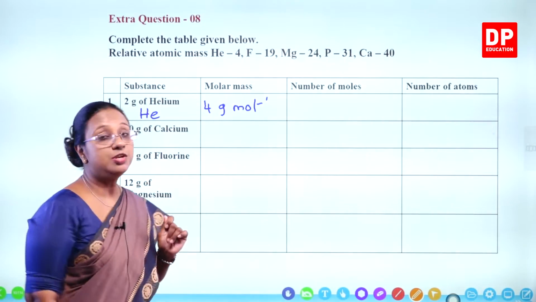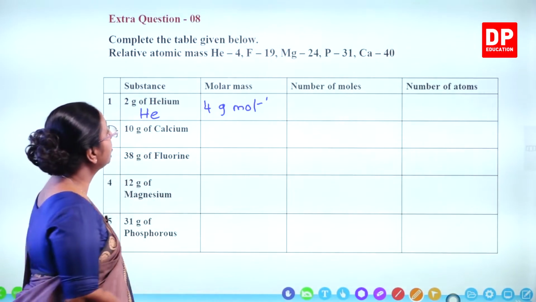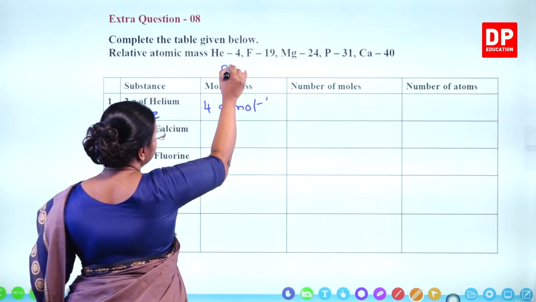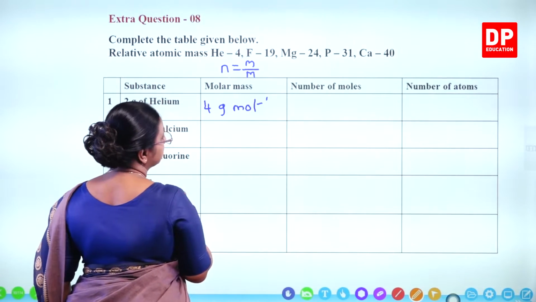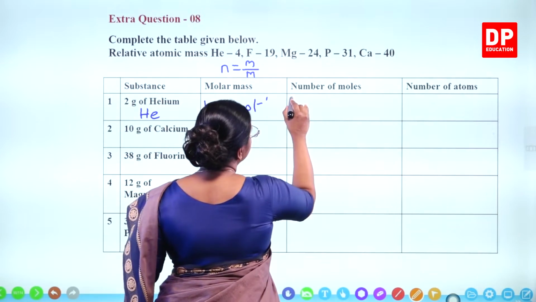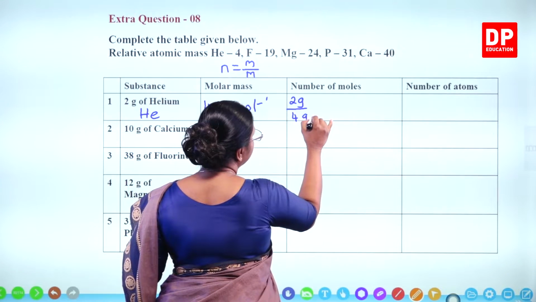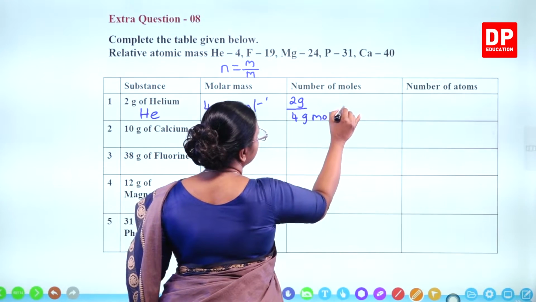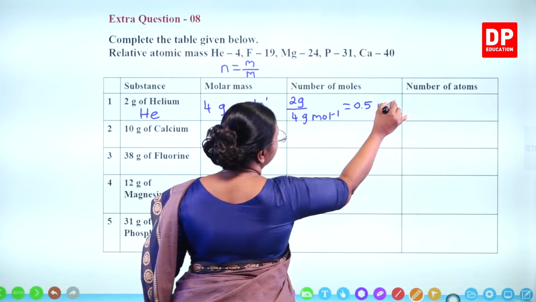Here they have given you the substance, that is 2 grams of helium. You already know the equation for moles. Moles is equal to mass over molar mass. So here 2 grams divided by 4 grams per mole. So that is 0.5 moles.